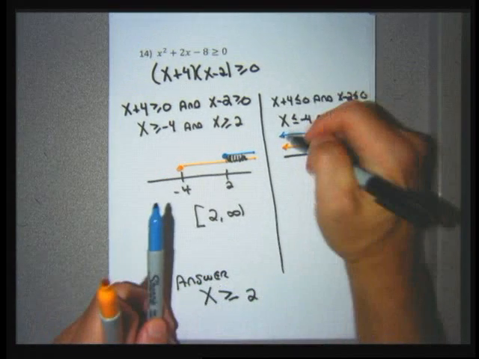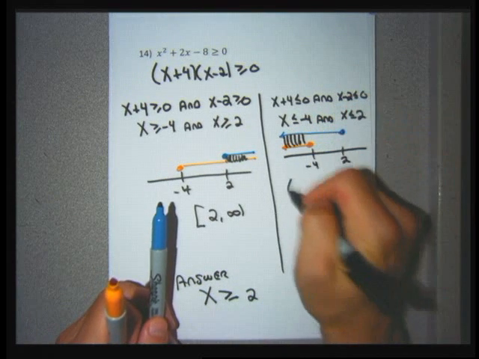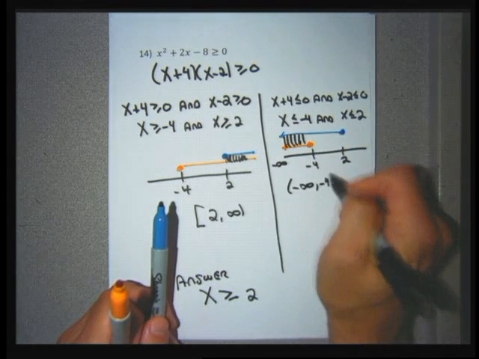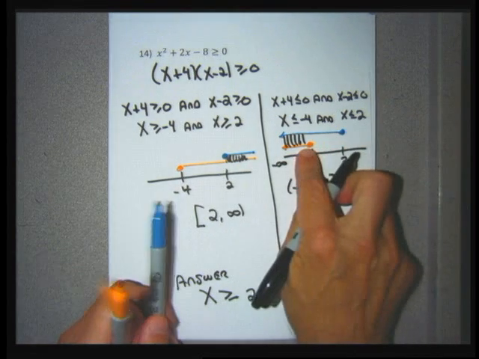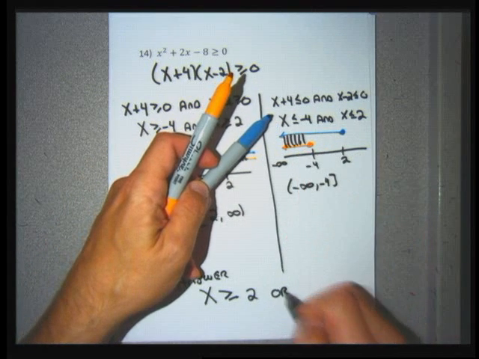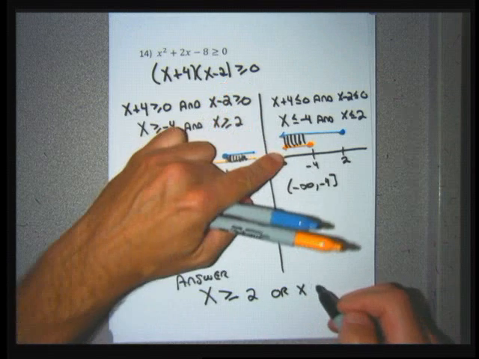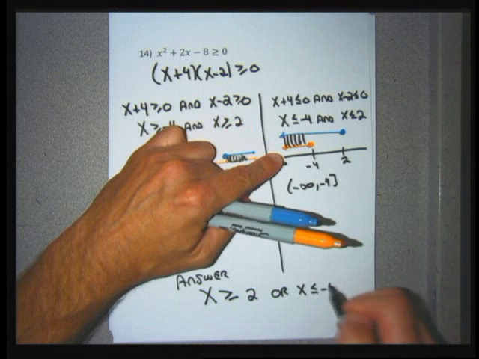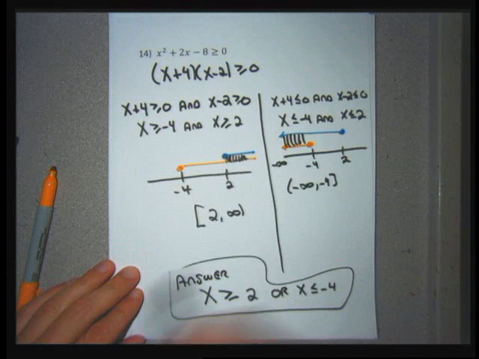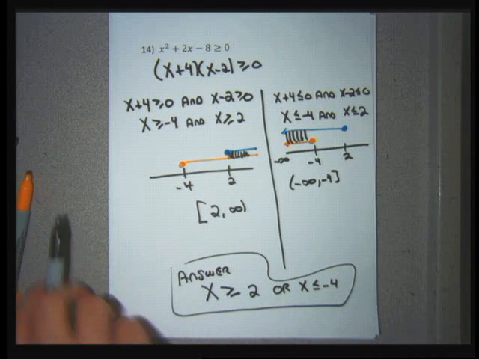The region where I get double lines is between negative infinity, which is the far edge of the left axis, and negative 4. Or just that gold region, which is x is less than or equal to negative 4. And that's how I'm going to write my answer. Put the two answers from each scenario with the word or between, and that's the answer to that problem.